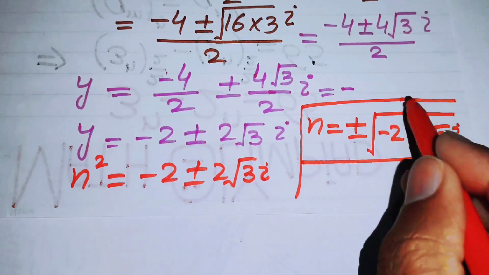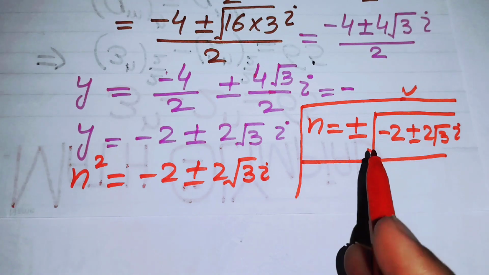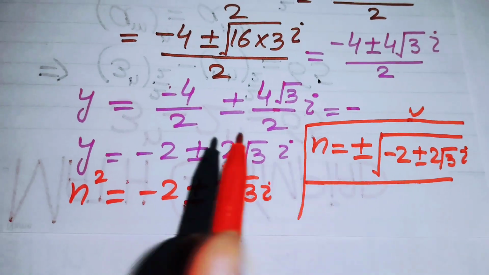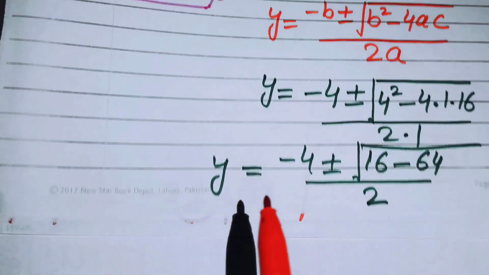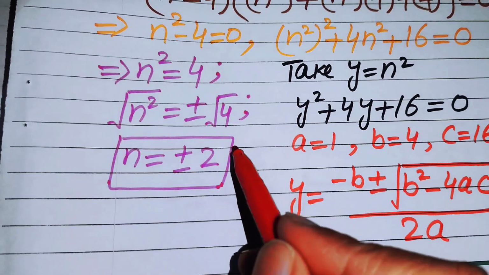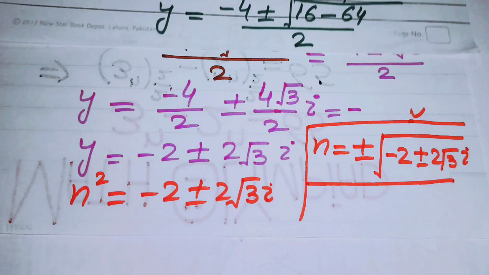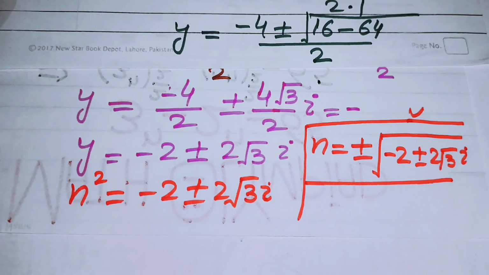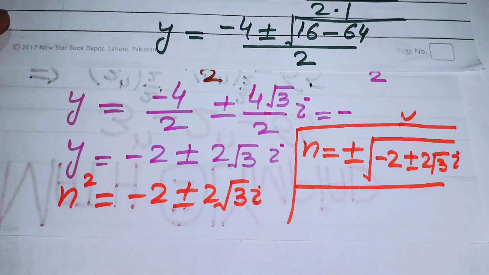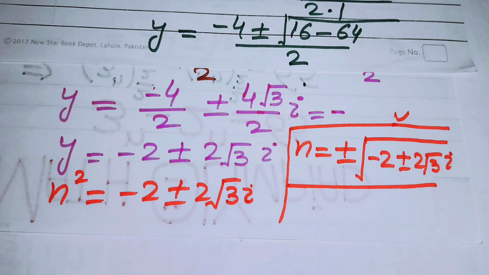So these are the other four roots of the given equation. So these are the total 6 roots of the given equation, and this is our final answer of this problem.